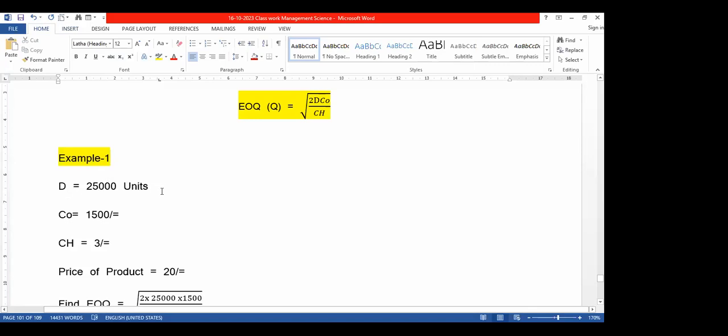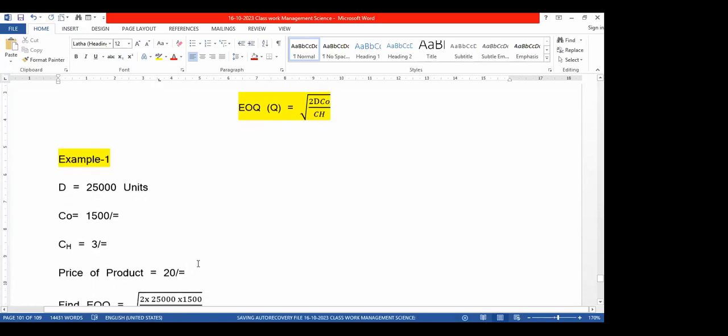Example 1. D is 25,000 units. CO, cost per order, is 1,500. CH is 3 rupees. Price of the product is 20 rupees. Find the EOQ.